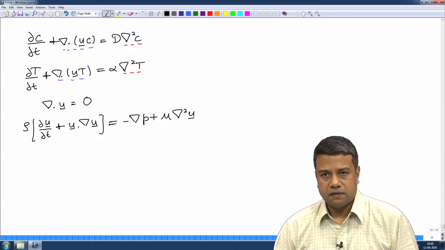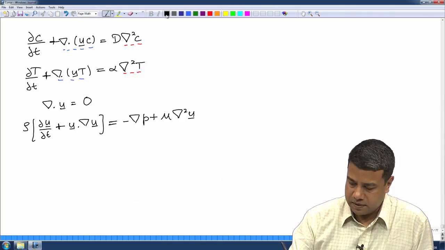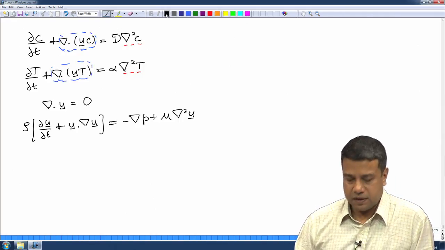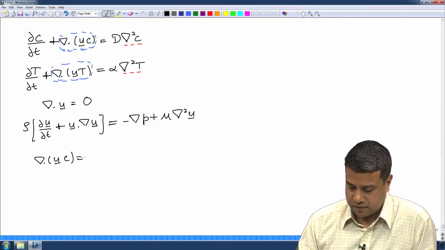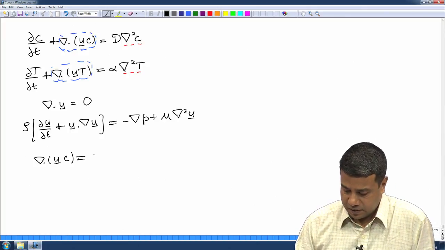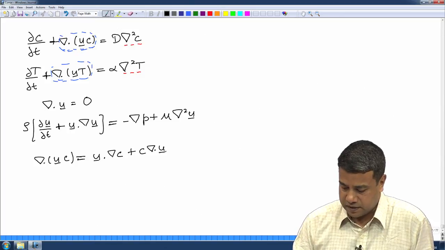I should note that if the fluid is incompressible, these terms here, the blue terms, can be alternately written. I can write del dot u c is equal to, differentiating using the chain rule, u dot the gradient of the concentration plus concentration times divergence of velocity.